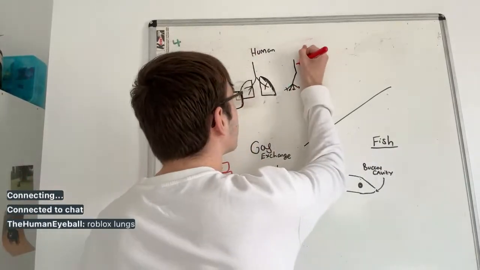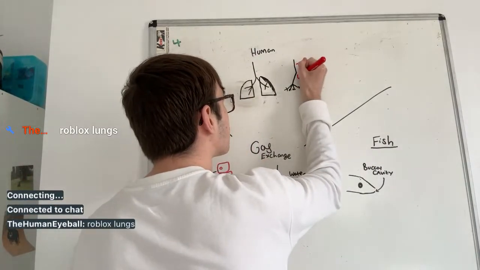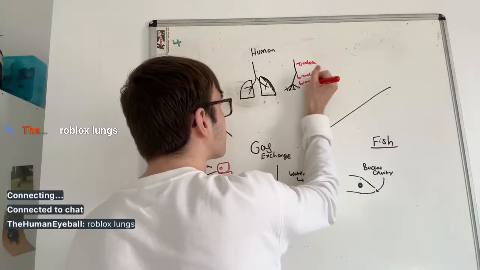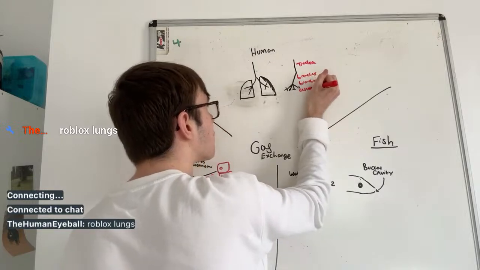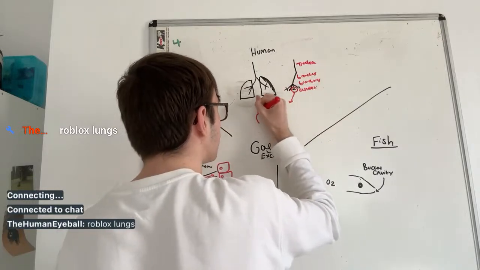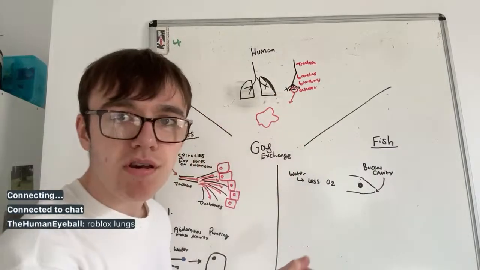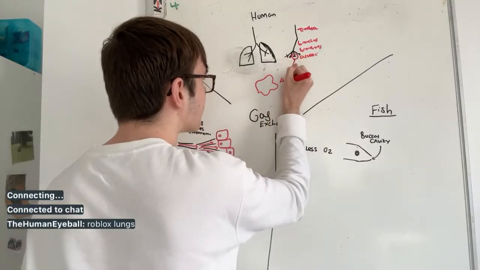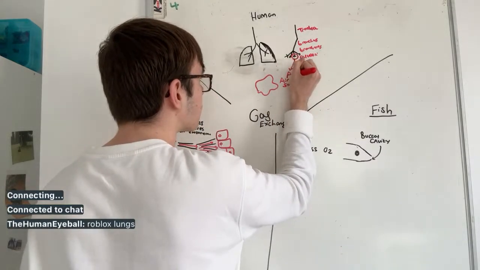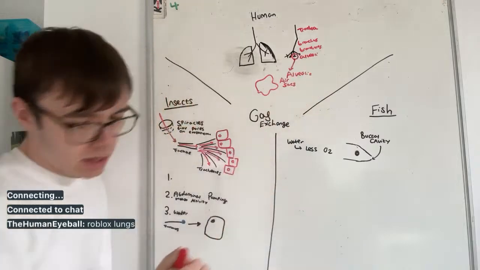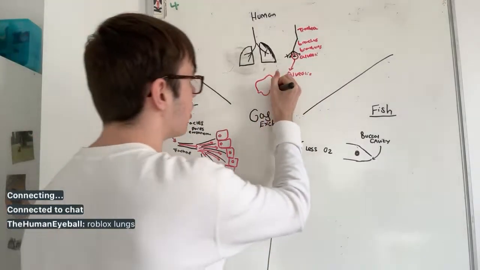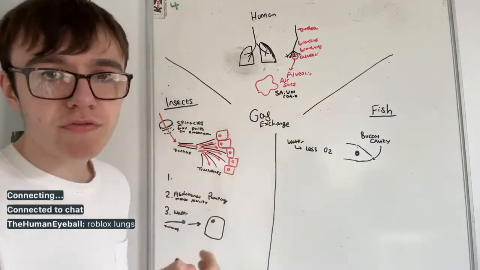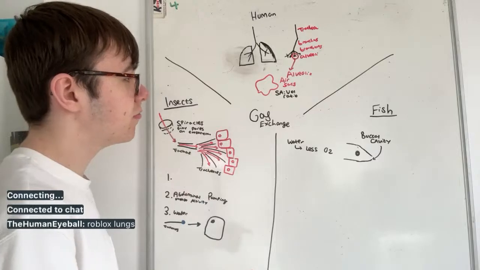So your alveoli are like tiny air sacs. They have obviously an increased surface area to volume ratio to increase the rate of gas exchange via diffusion.